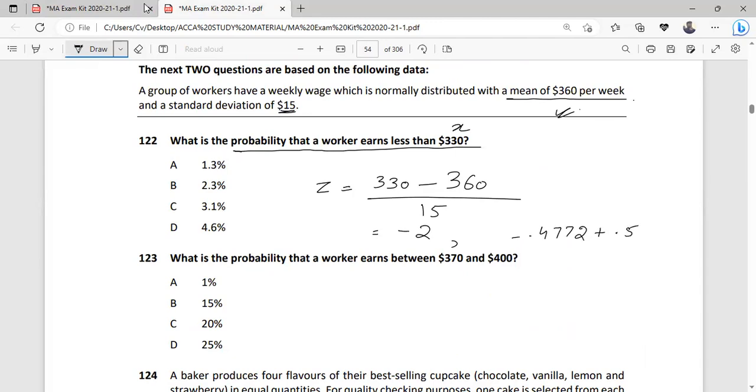Now we will add 0.5. 0.5 is always added or deducted. In this case, we will add. We have a difference of 0.0228. Now you will multiply by 100 to convert into percentage. So the nearest answer is B.